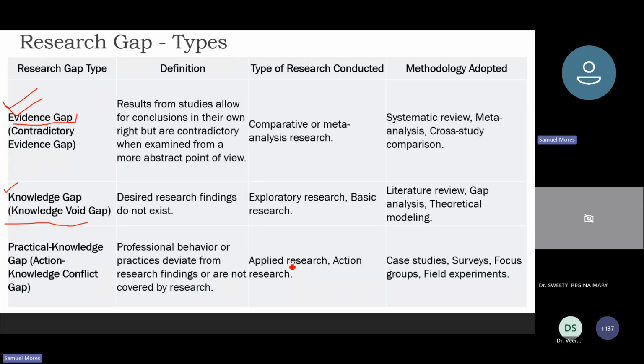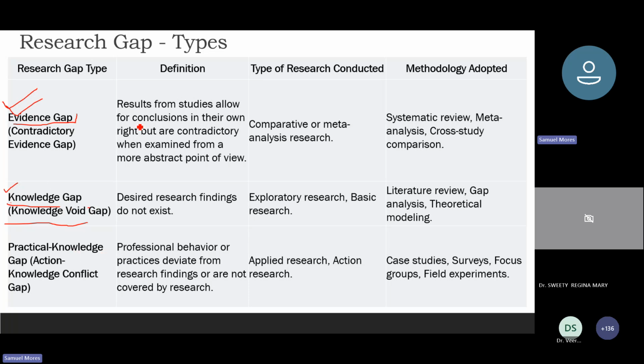For example, students last year were behaving differently, but this year you notice some differences. Their behavior has changed, but you don't know why. What has caused this? What are the reasons for this particular behavior? Sometimes you see a particular thing happening only in a particular area, and you don't know why it is happening like that. That is knowledge gap. Knowledge gap can also be addressed in research.